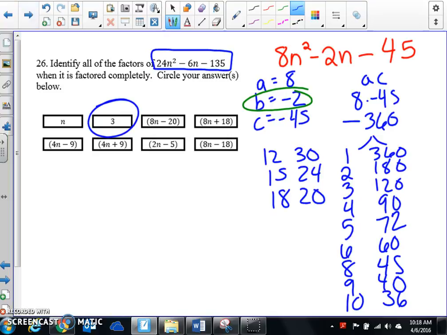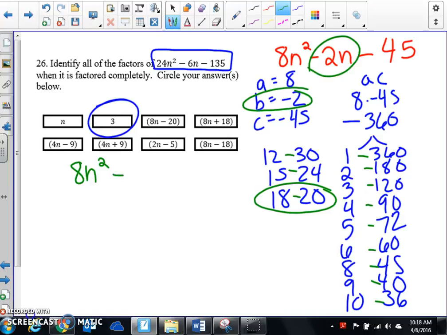All right, so here's all my factors. So my B is negative, which means I need to put the negatives on all my larger numbers because my AC is negative, my B is negative, and then this is going to be the winner. I go ahead and say 8n squared, sub it out here, negative 18n plus 20n minus 45.